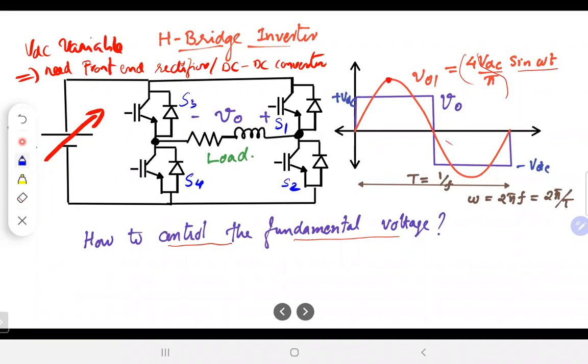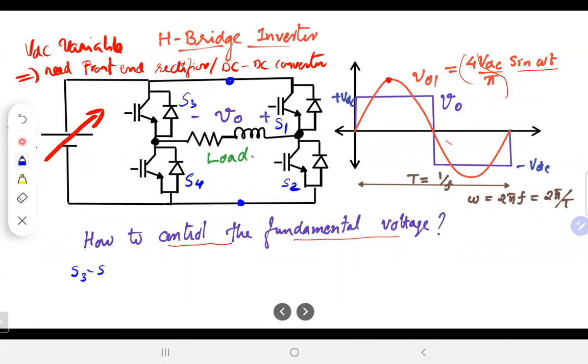But we can always have S1 and S3 on, which would mean that you will have zero voltage across the load, because if I keep S1 and S3 on, both will be connected to the positive DC link rail. Whereas if I connect S4 and S2, the load would be shorted through the negative DC link rail.